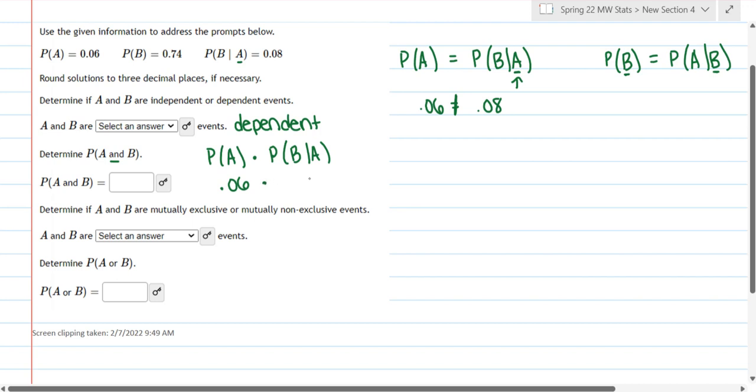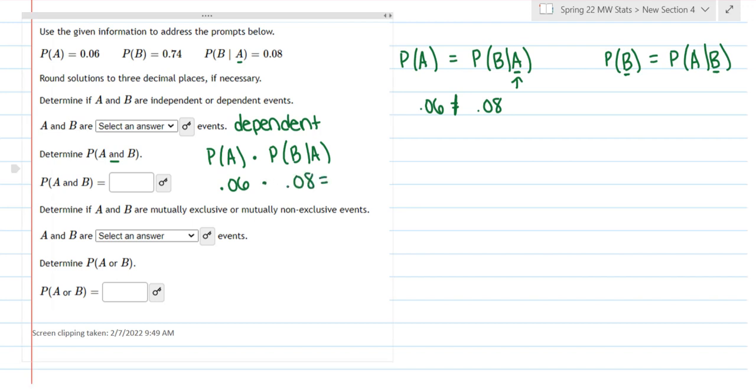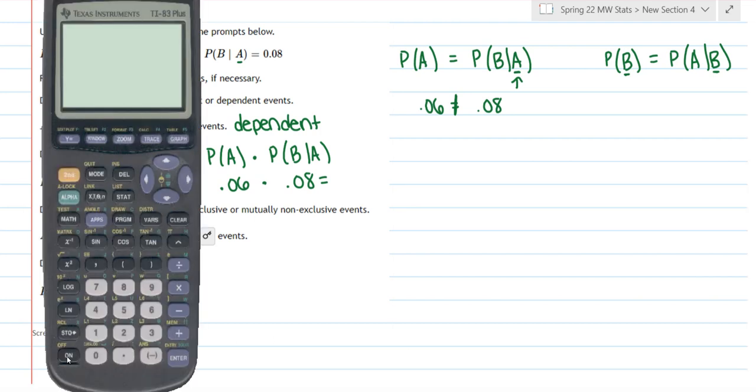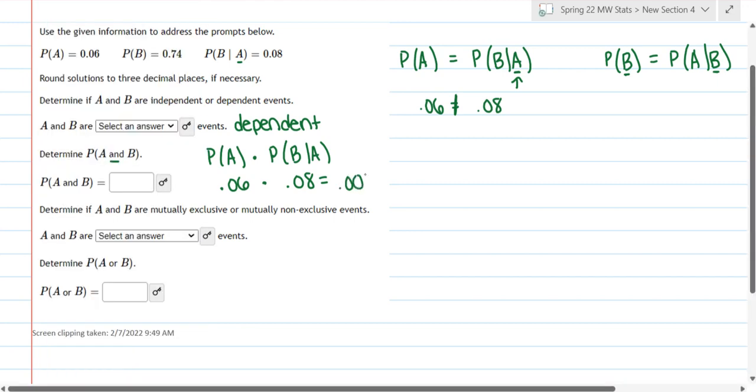Probability of B given A is 0.08. So I am multiplying these. So 0.06 times 0.08, 0.0048, and 3 decimal places, so 0.005.